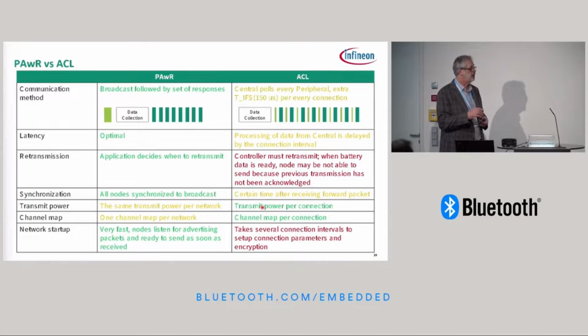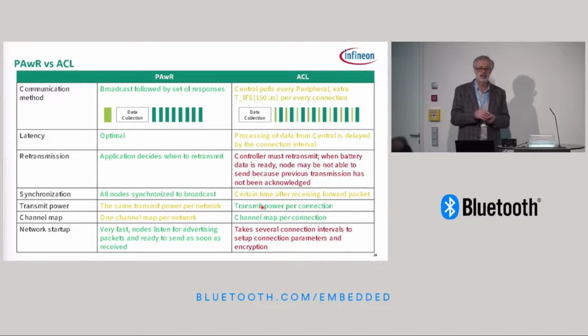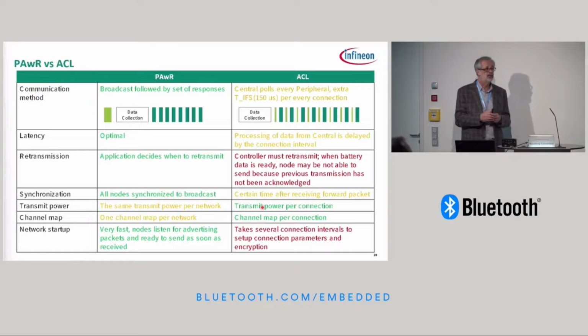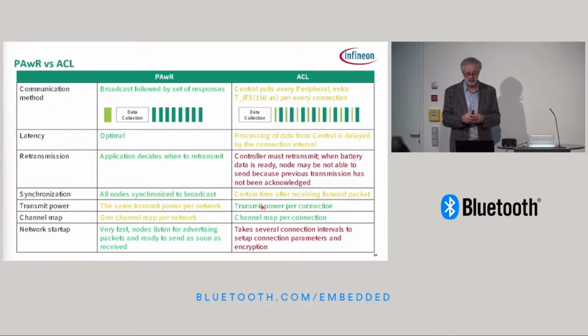The same goes for the channel map. If you want to set up different AFH, in the ACL case, it is per connection. In the PAwR case, you need to use one channel map for the whole network.